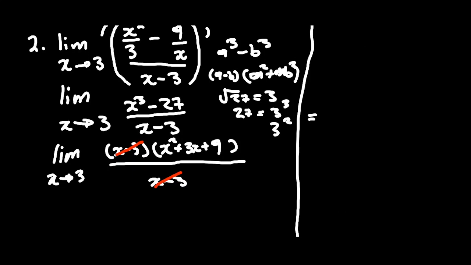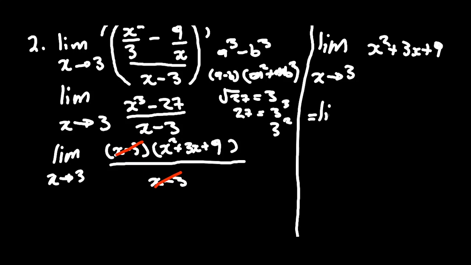I will have a limit as x approaches 3 of x squared plus 3x plus 9. So now I can do my direct substitution.